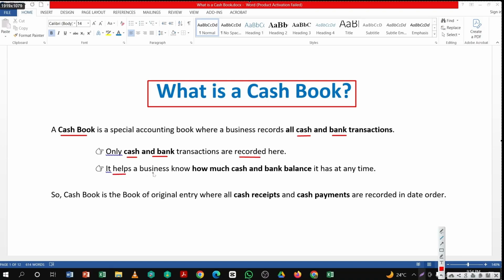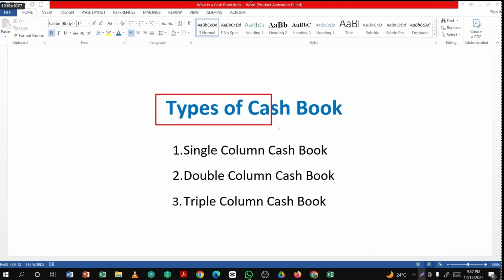It helps a business know how much cash and bank balance it has at any time. So, the cash book is the book of original entry where all cash receipts and cash payments are recorded in date order.